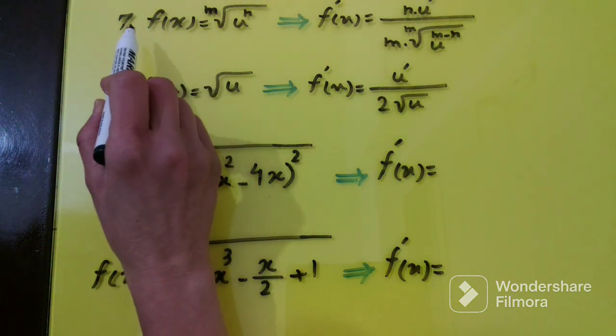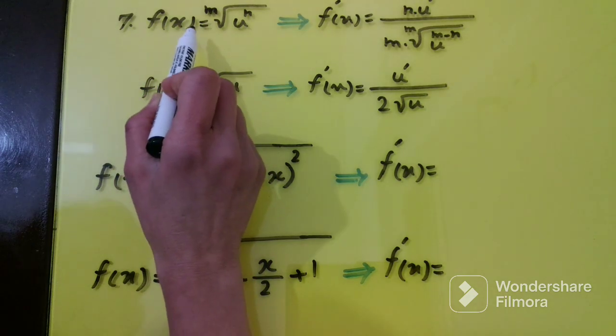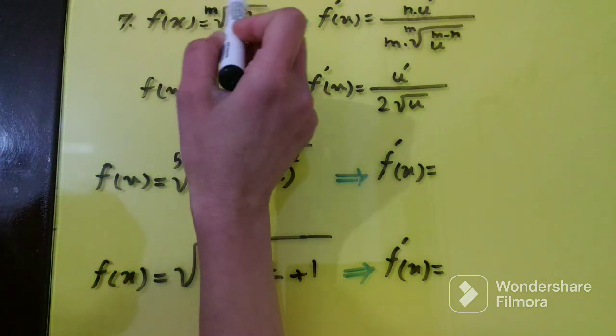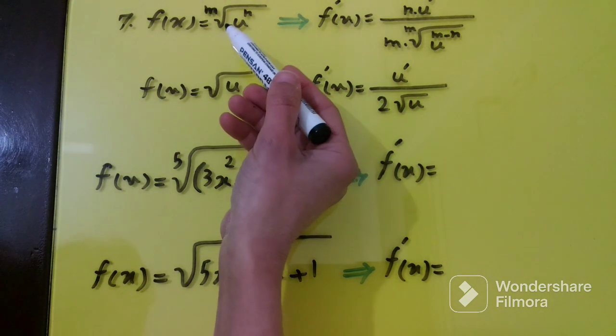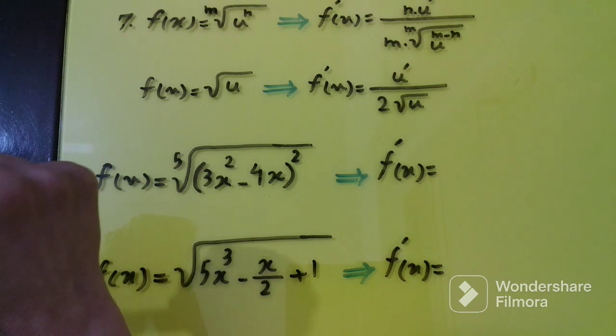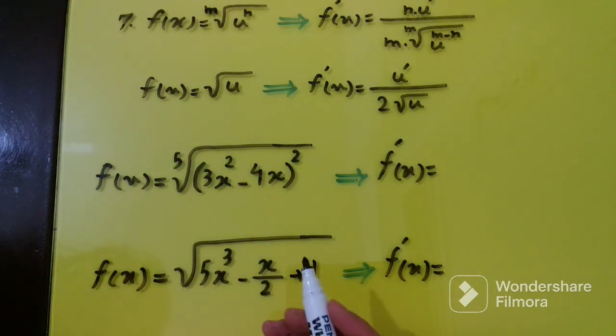As you see here, f of x equals a radical function. How can we find the derivative of this? There is a formula which helps us.